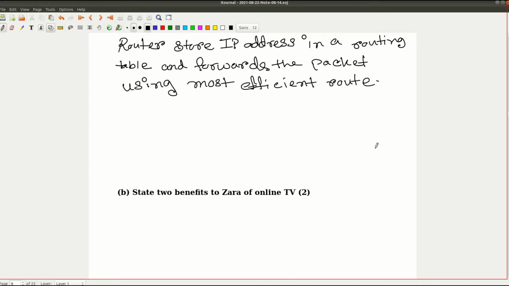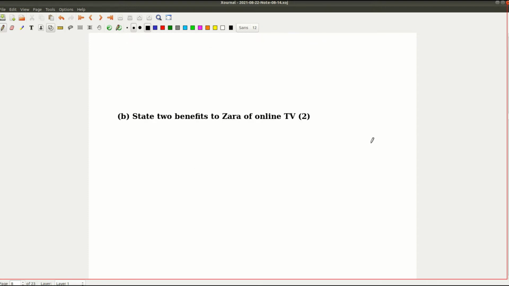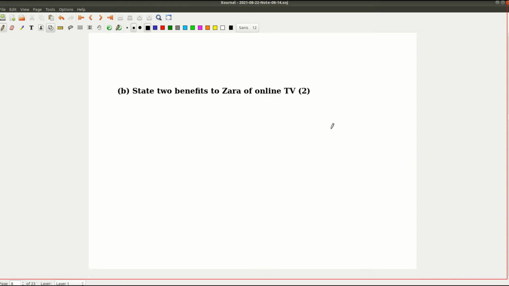Okay, so move to the next question, which is: state two benefits to Zara of online TV. Obviously, there are a lot of benefits of using online TV. One benefit is, if you connect your internet to your TV, you will get a variety of content. There is a huge number of channels, so we can put a variety of content.